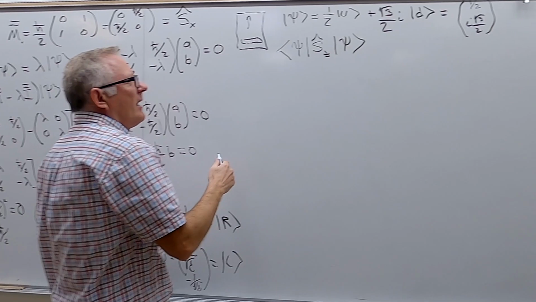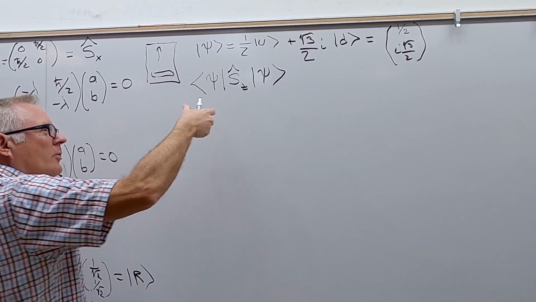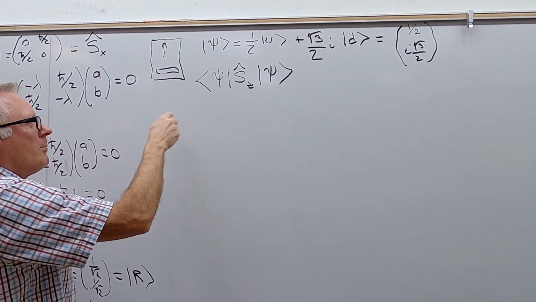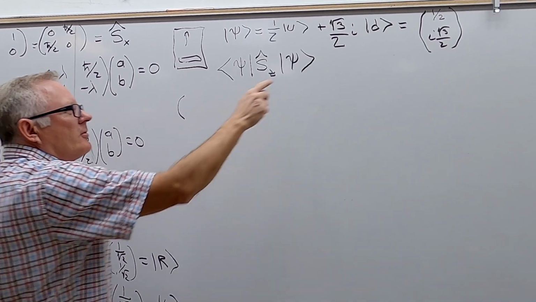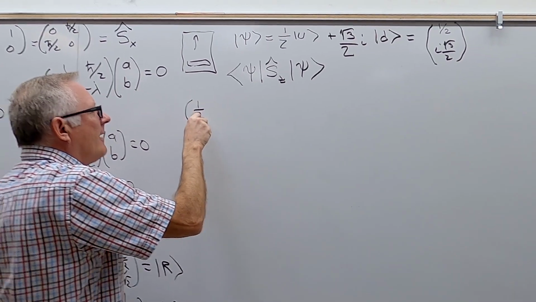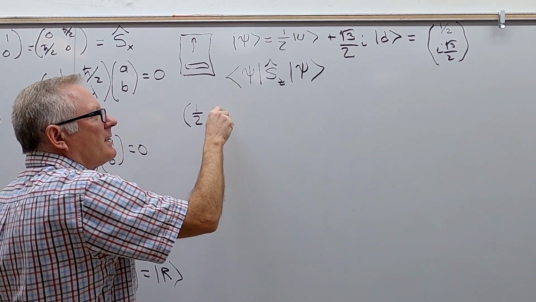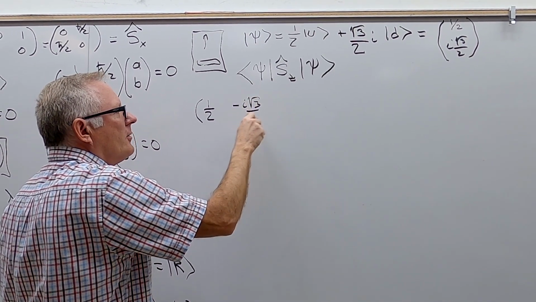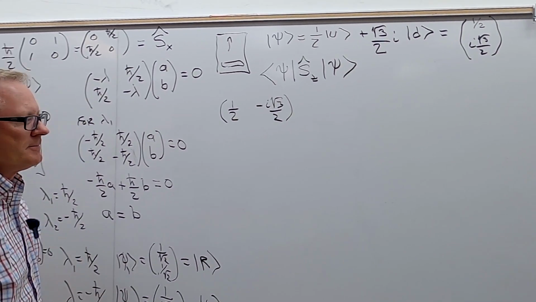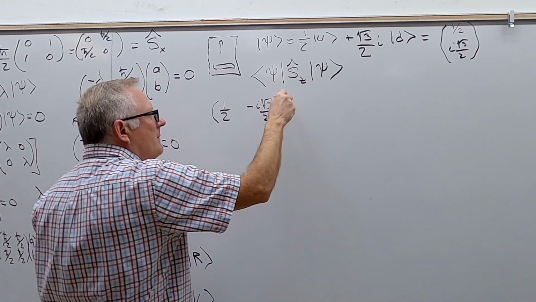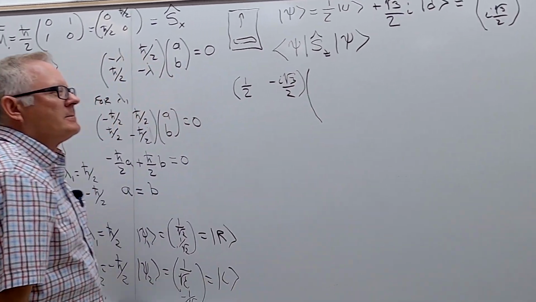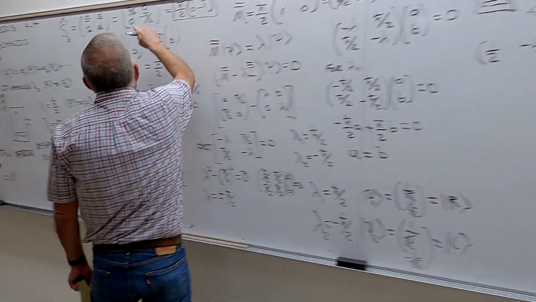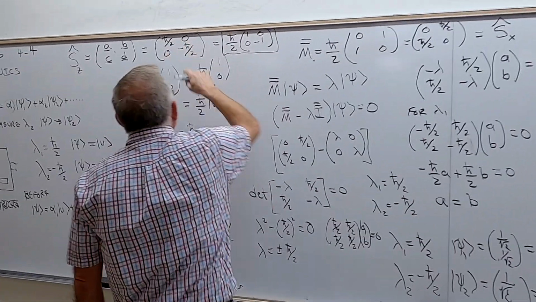Now that we have that, we first need the bra of it, so we turn it sideways and we do the complex conjugate. So that first one would be 1/2, and then the complex conjugate, so it's minus i square root 3 over 2. So there's that one. Then we have this matrix right here, which is h bar over 2, 0, 0, minus h bar over 2.